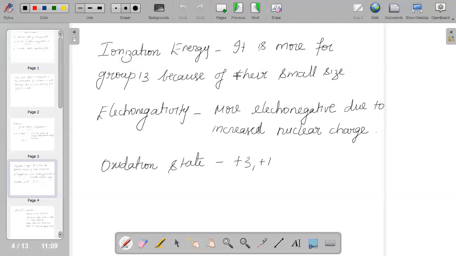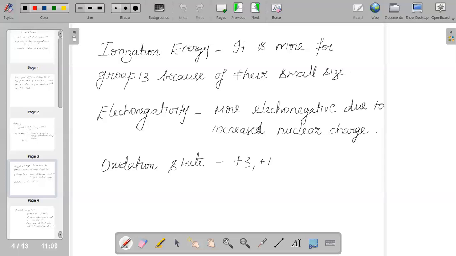If we compare the ionization energy of group 13 and group 2, we might say that group 13 is higher because of their small size and increased nuclear charge. But actually group 2 has higher ionization energy than group 13 because of the completely filled s orbital in group 2 elements.